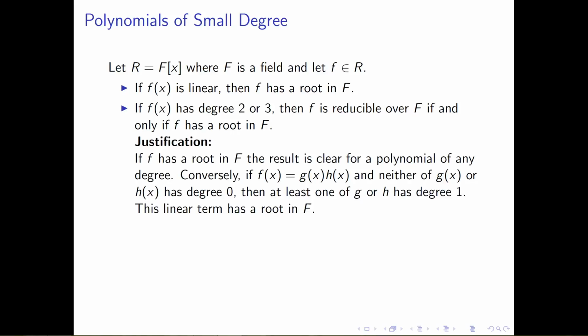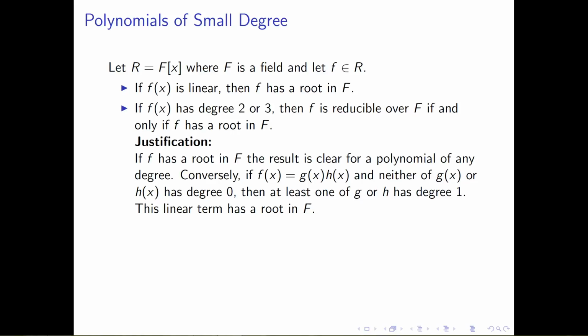The first thing we will do is assume that little f has a root in the ground field F, and then we will show that the polynomial is reducible. This is really something we've already done. In our collection of slides from last time, we showed that if f has a root in the field, then we know that x minus that root divides the polynomial, and we can write that polynomial as x minus the root times something else.